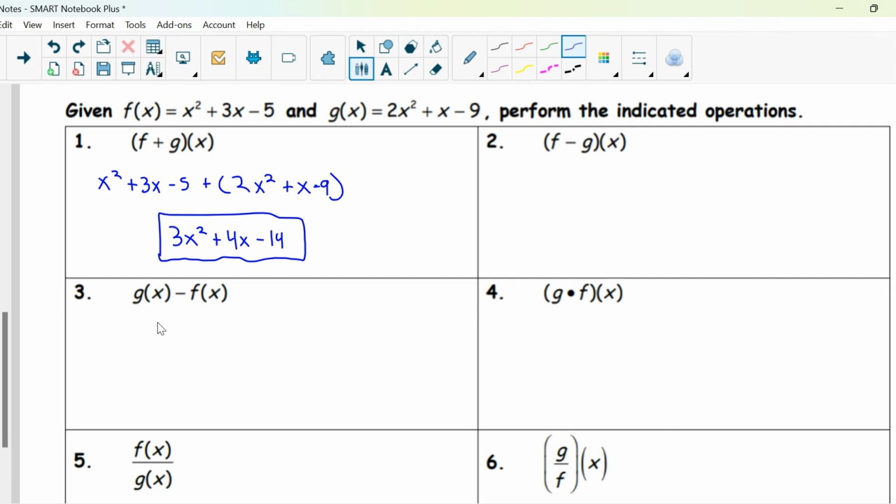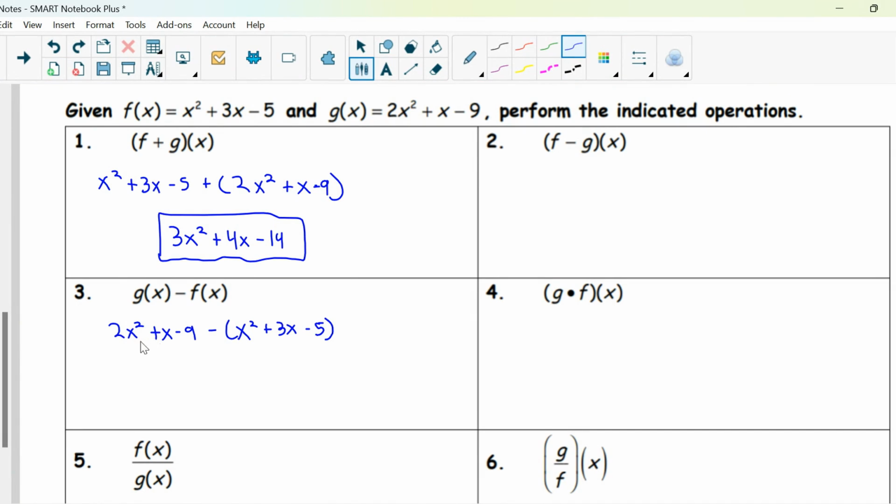Secondly, in number 3 here, we are taking g of x minus f of x. So make sure you guys write this in the correct order. So first we have g of x, which is 2x squared plus x minus 9. And we're going to subtract f of x from it. So minus x squared plus 3x minus 5.